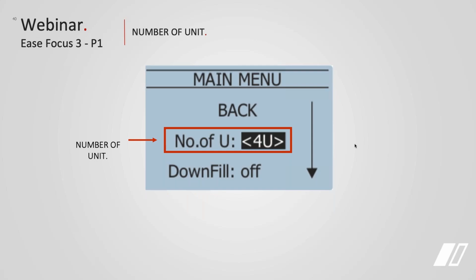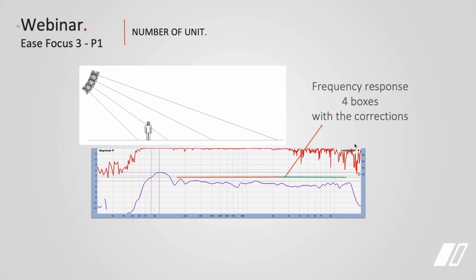This is a picture of what the number of units in an Event 212 or a 26 would look like. And this is what 4 boxes would look like once we have the number of units set in. So let's say these were Event 212s.